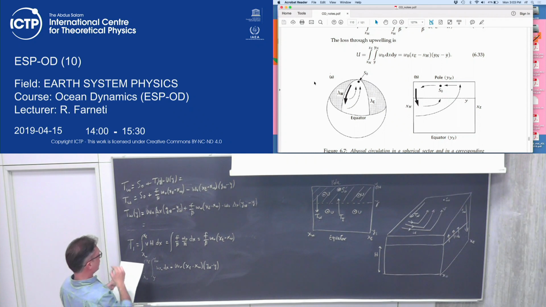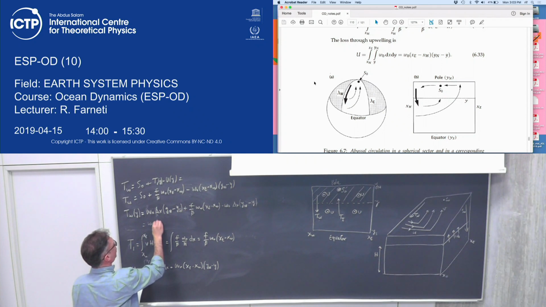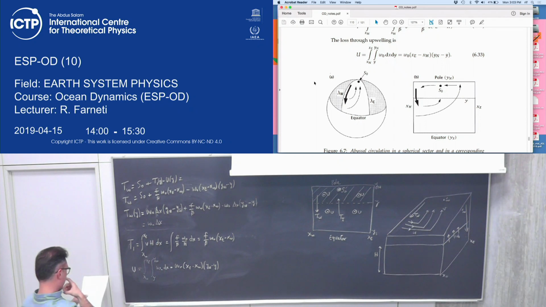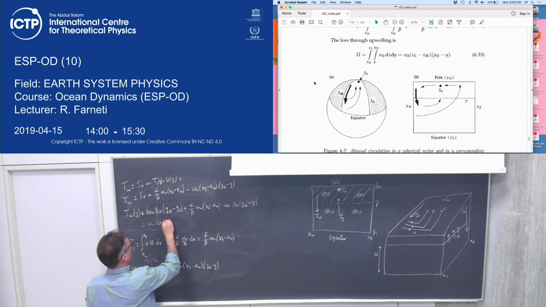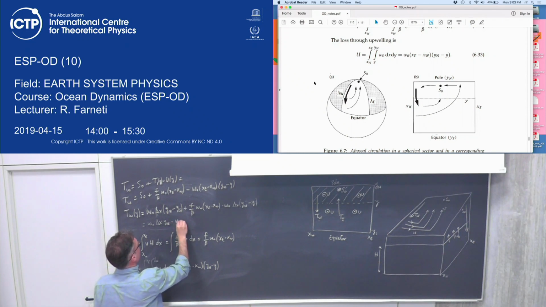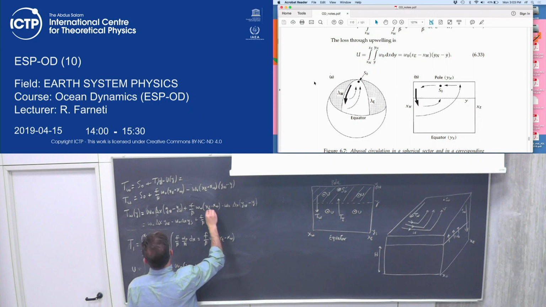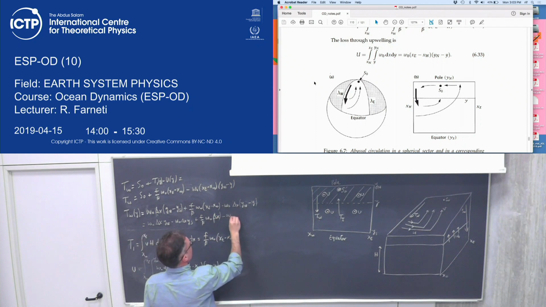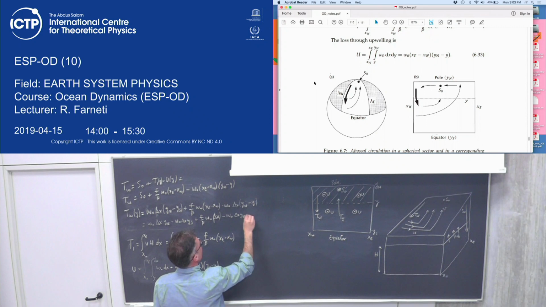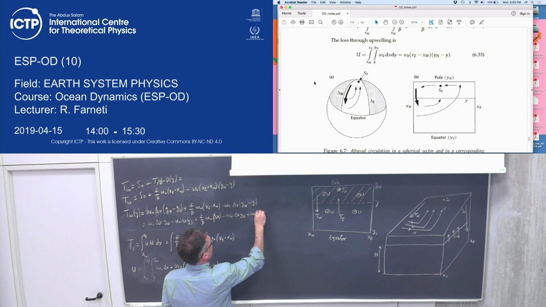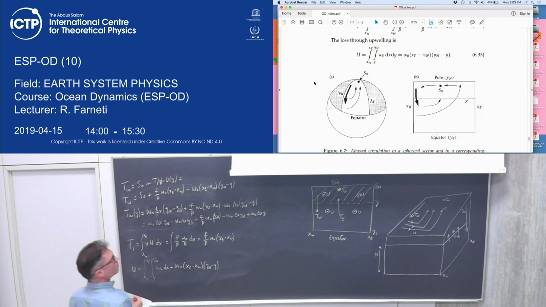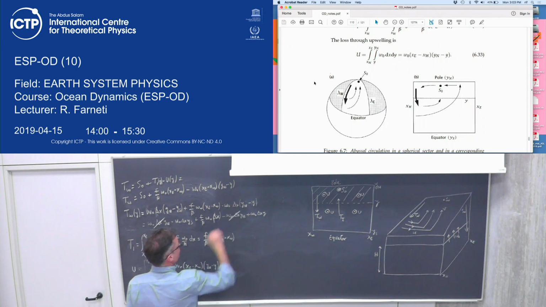So if you now rearrange this, you get W naught delta x y north minus W naught delta x y south plus f over beta W naught delta x minus W naught delta x y north plus W naught delta x y. So this goes with this.